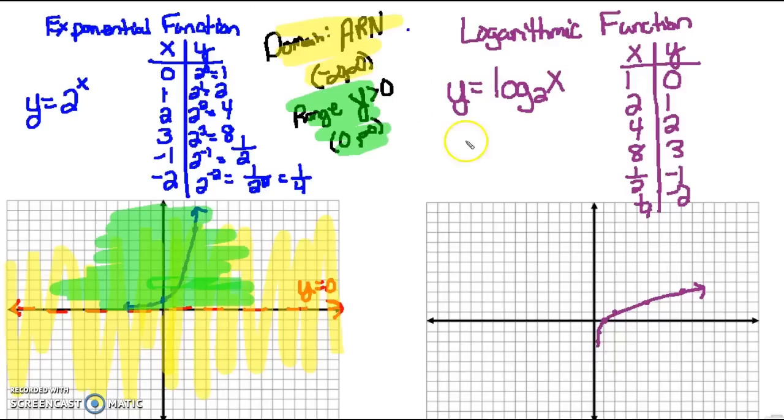Remember, we're getting closer and closer. Instead of having an asymptote at y equals 0, my asymptote is going to be at x equals 0. They are the inverse of each other. Any place where there is a y, we're going to flip it with an x.